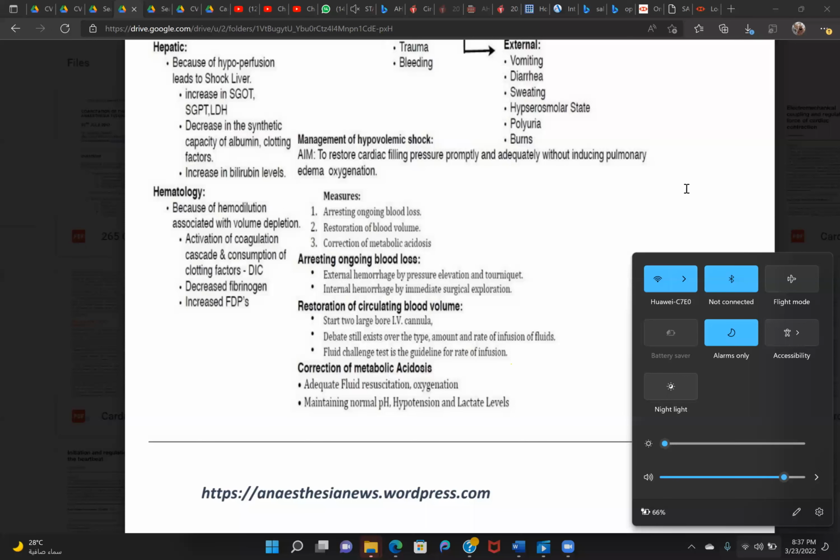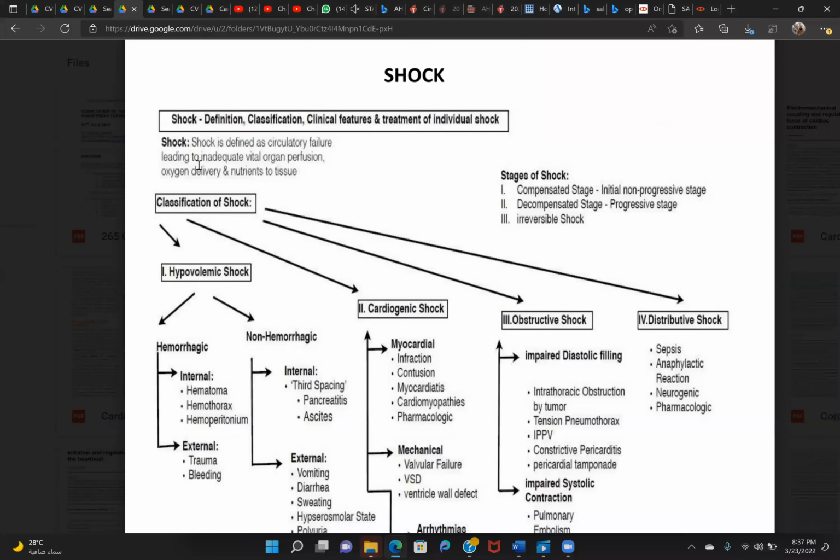Shock is defined as circulatory failure leading to inadequate vital organ perfusion, oxygen delivery, and nutrients to tissue. There is one stage of compensation and then one stage of decompensation. Hypovolemic shock may be hemorrhagic or non-hemorrhagic, with third spacing occurring in conditions like that.